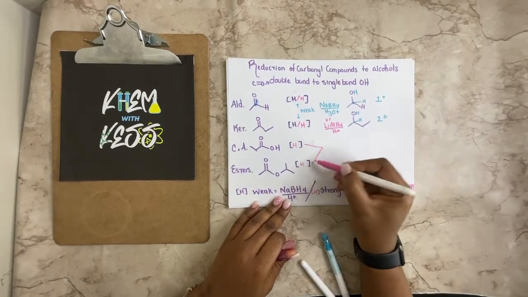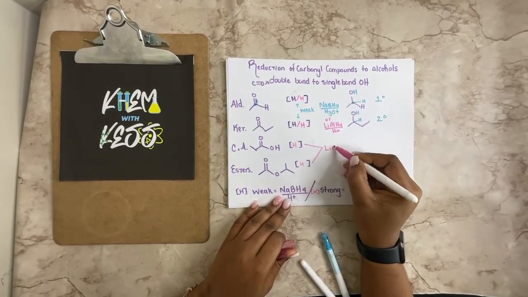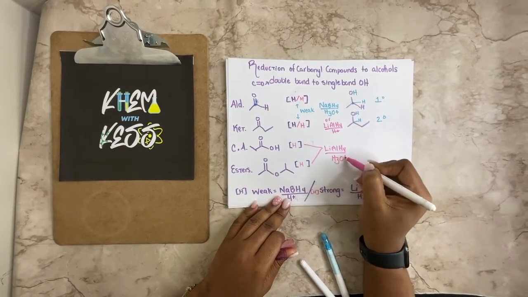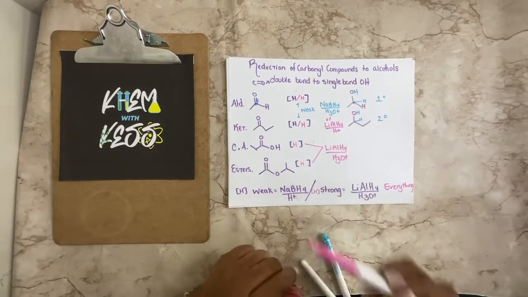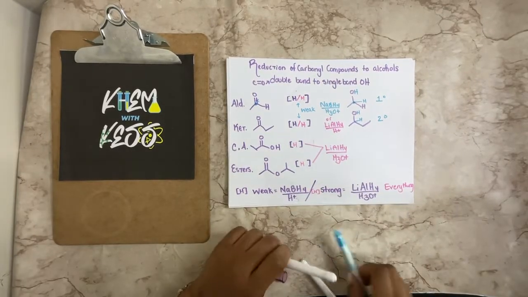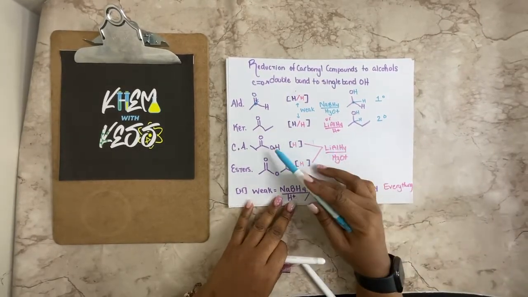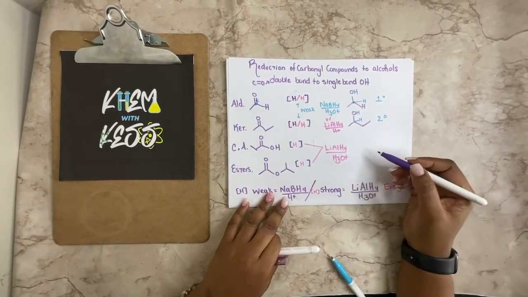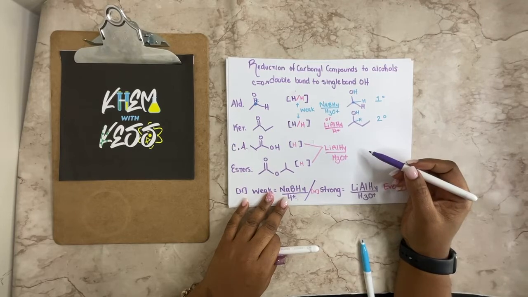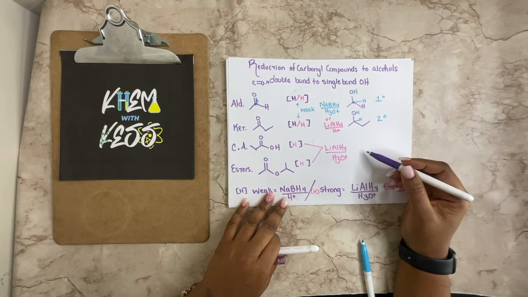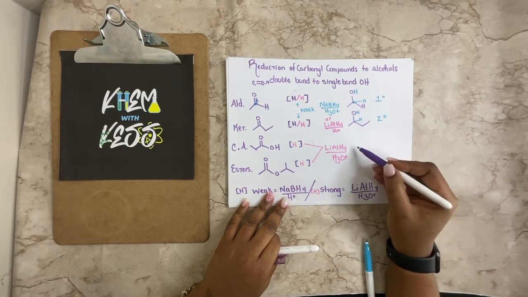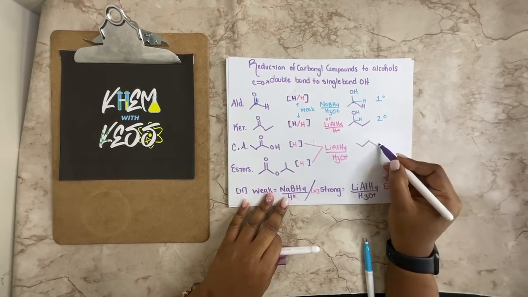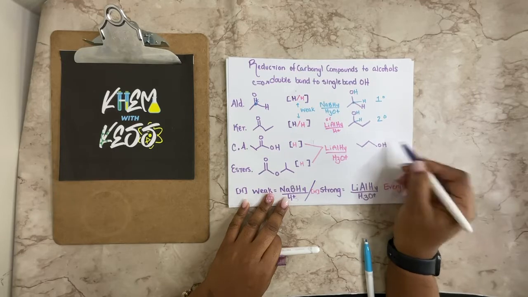Now, the LiAlH4 definitely works on these because it's strong enough, but I cannot at all use the NaBH4 down here. When I do the LiAlH4 for the carboxylic acid, if we had to go through the mechanism, which we don't in this case, the easiest way to remember it is lose the carbonyl and keep your OH.